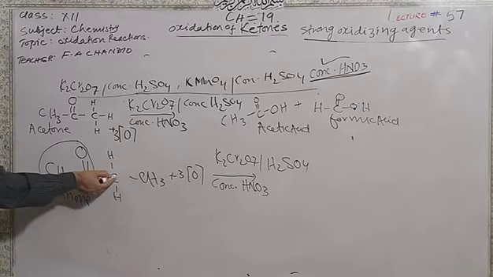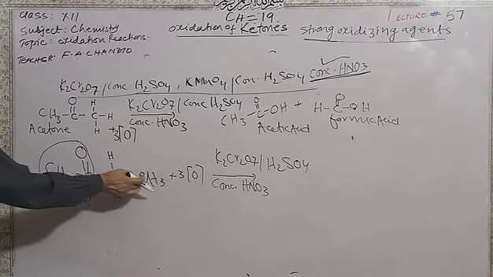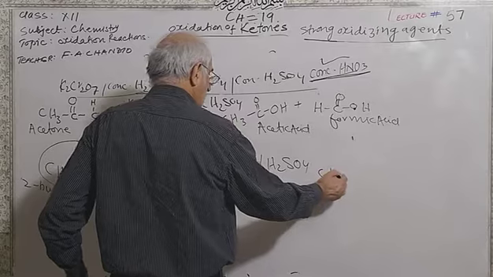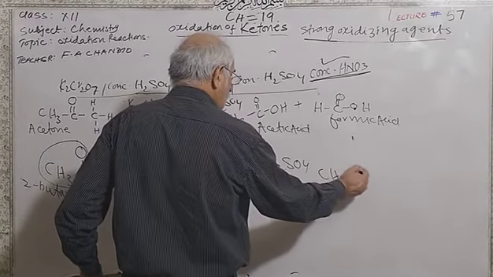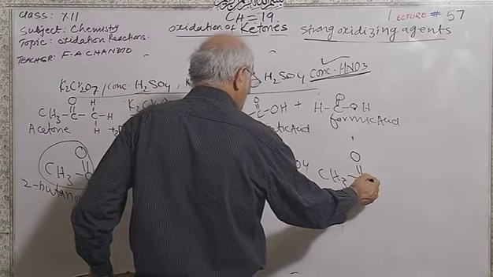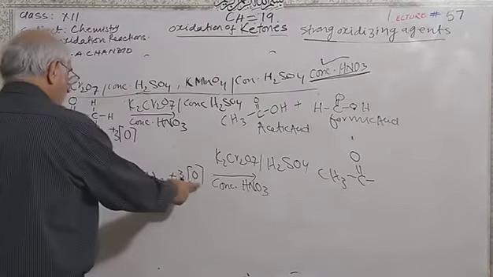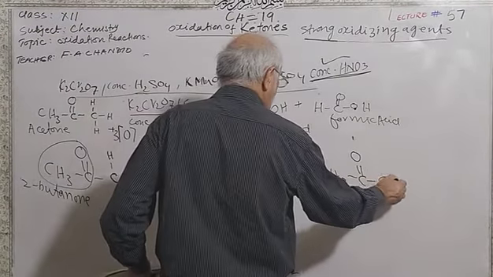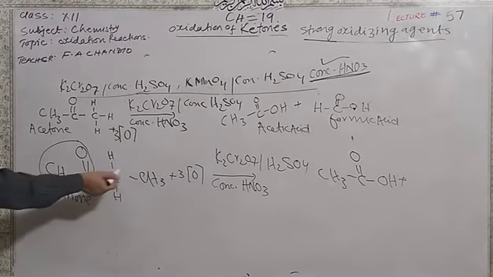So one hydrogen from the smaller number of carbon atom, one hydrogen and one oxygen from here. So CH3 same, carbonyl group the same, and oxygen from the nascent oxygen and hydrogen from here to make OH. So this is the one carboxylic acid functional group.